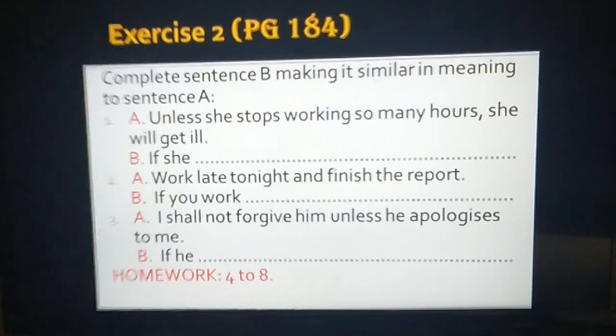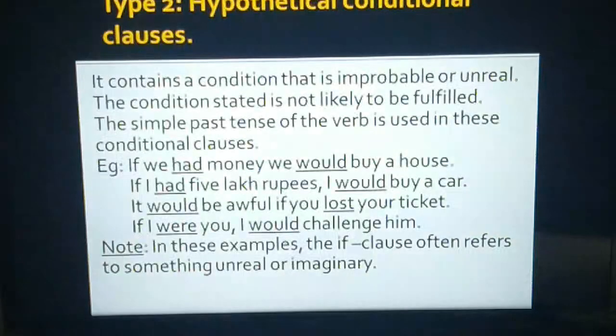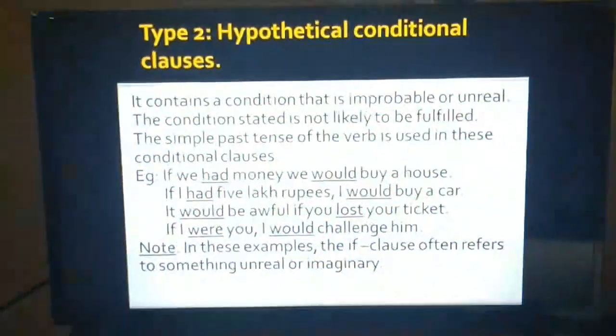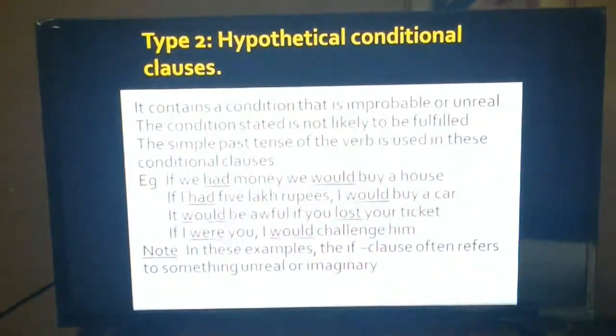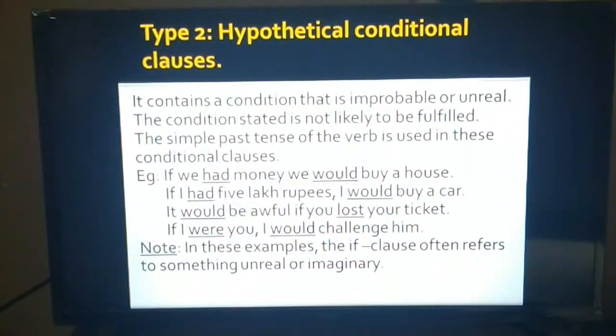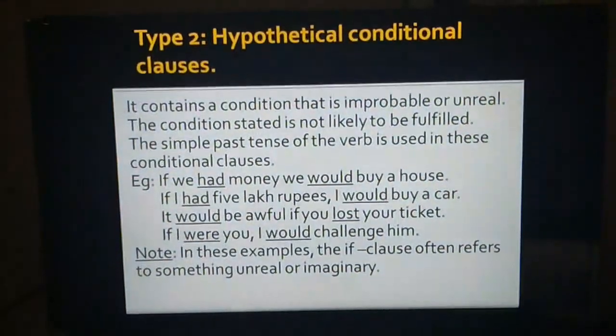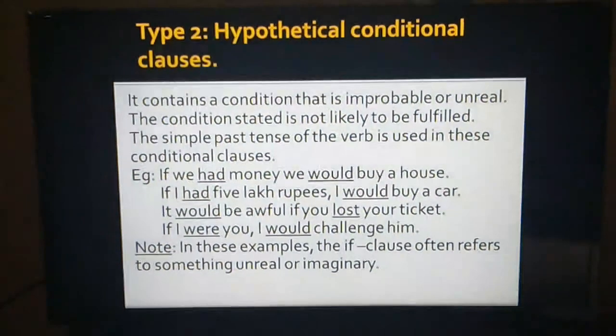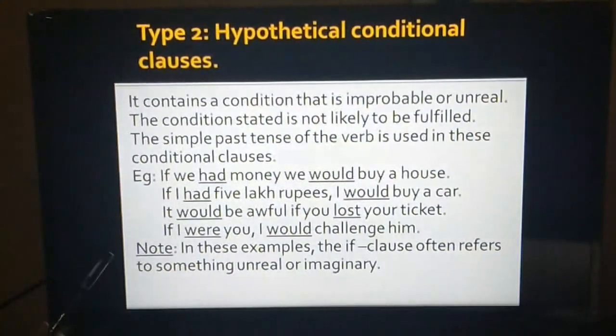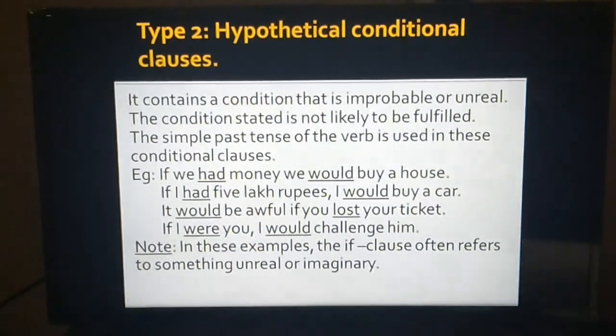After this, we are going to the next one, type 2, hypothetical conditional clause. What is hypothetical? It contains a condition that is improbable or unreal. Type 1 we have seen, where probability is there. In zero conditional, we have seen there is no doubt, it will take place.